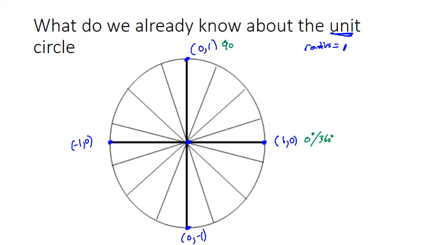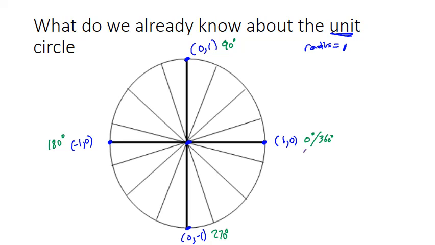This angle is 90 degrees. This is 180 degrees. And down here we have 270 degrees. We could also continue by putting these into radian measures, which again were explained in a previous video.